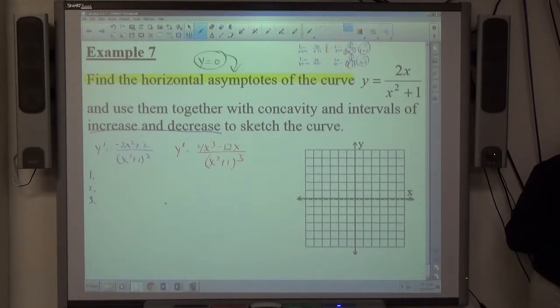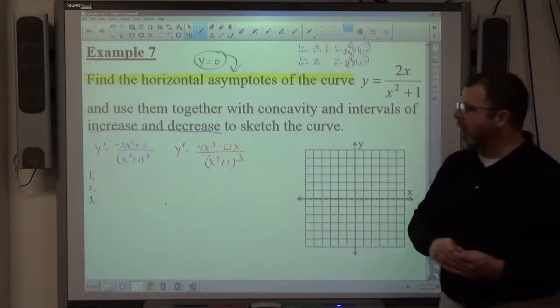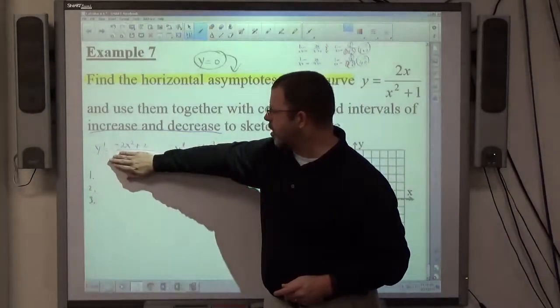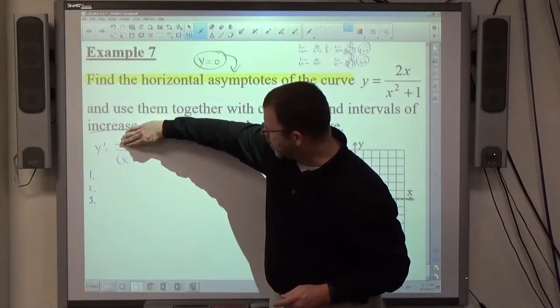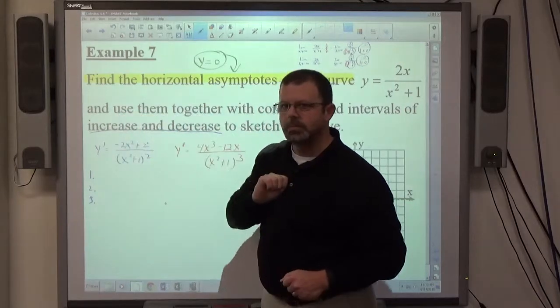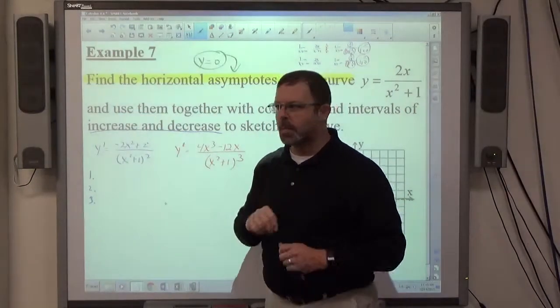A fraction equals 0 when you have 0 divided by a number. When the top equals 0, criteria 1 happens. Criteria 2, the derivative does not exist, occurs when the denominator equals 0. So whenever you look at a rational function, the top equals 0 answers question 1, the bottom equals 0 answers question 2. Every time. Okay?